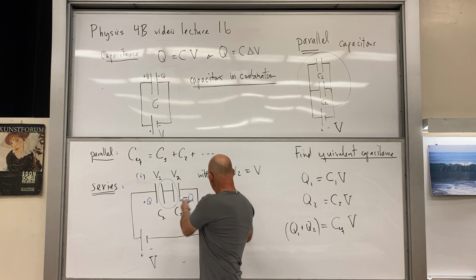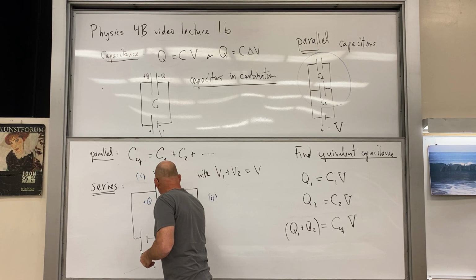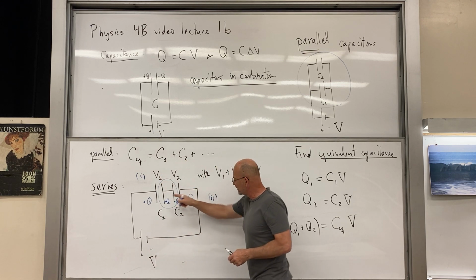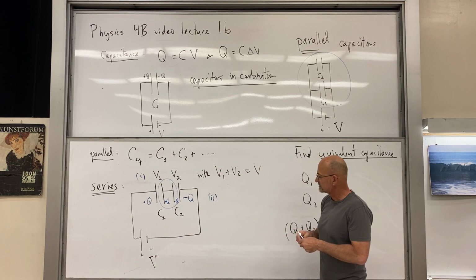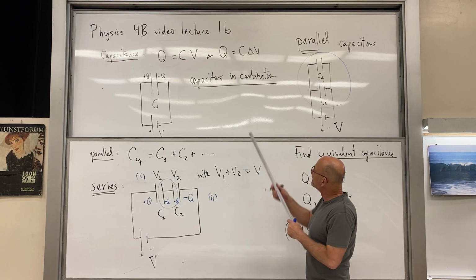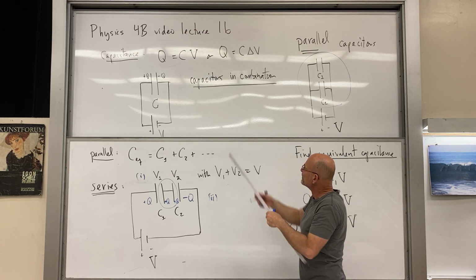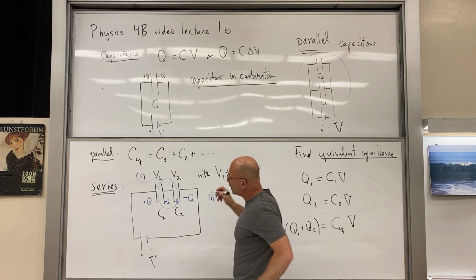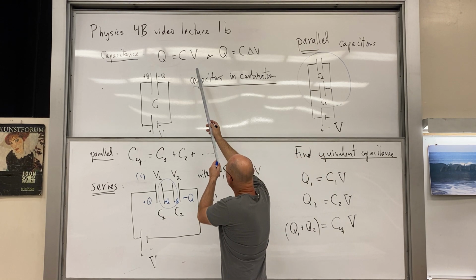So based on that, we're going to say plus Q, minus Q right here, and plus Q right there. So plus minus, plus minus. And that allows us to now use this definition again here. Namely, we have Q is the same and V is what's different.